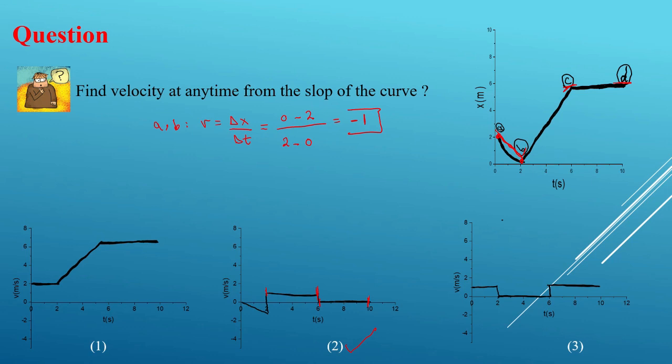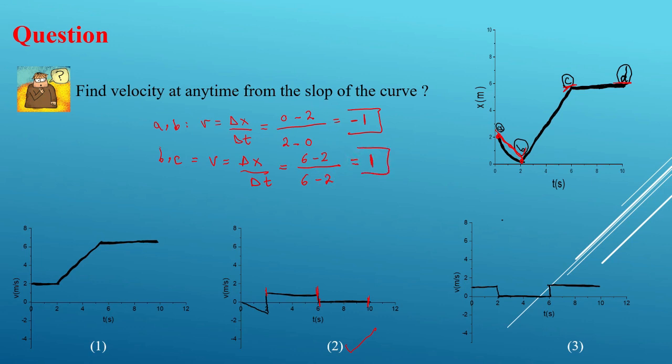How about point B and C? My V is delta x over delta t, which is equal to my x, 6 minus 2, right? And my t is also 6 minus 2, so it's going to be 1, right?